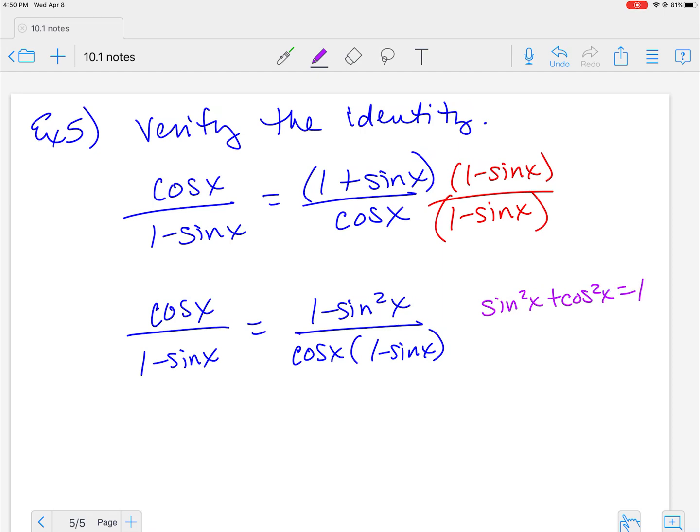This numerator, 1 minus sine squared of x, doesn't look like an identity, but it is. Because if I have sine squared of x plus cosine squared of x equals 1, I can rewrite that and subtract sine squared from both sides. And whammo jabammo, it just happened.